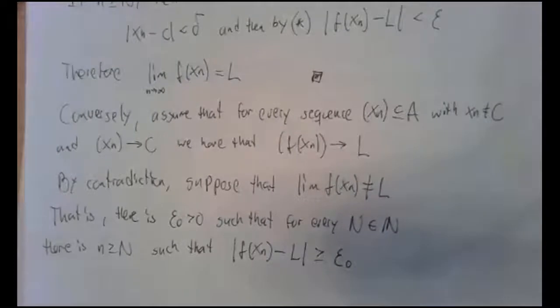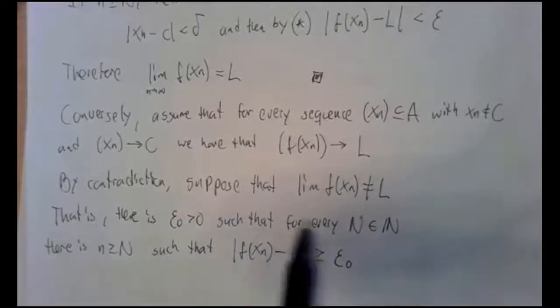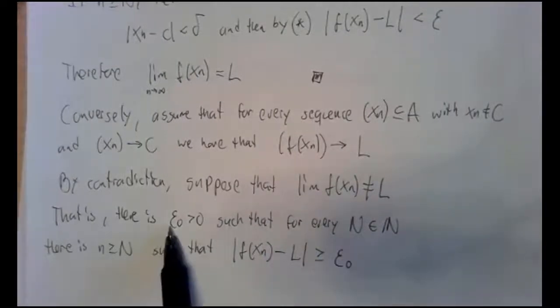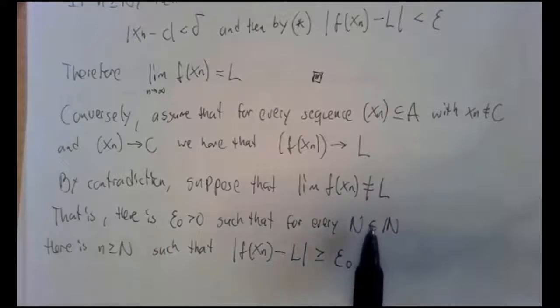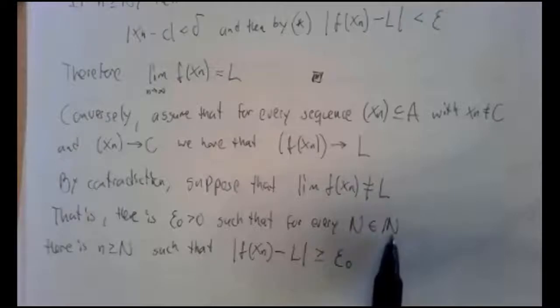That's the negation of the limit definition of a sequence. It means that there is some epsilon such that the difference of these two is greater than or equal to epsilon.